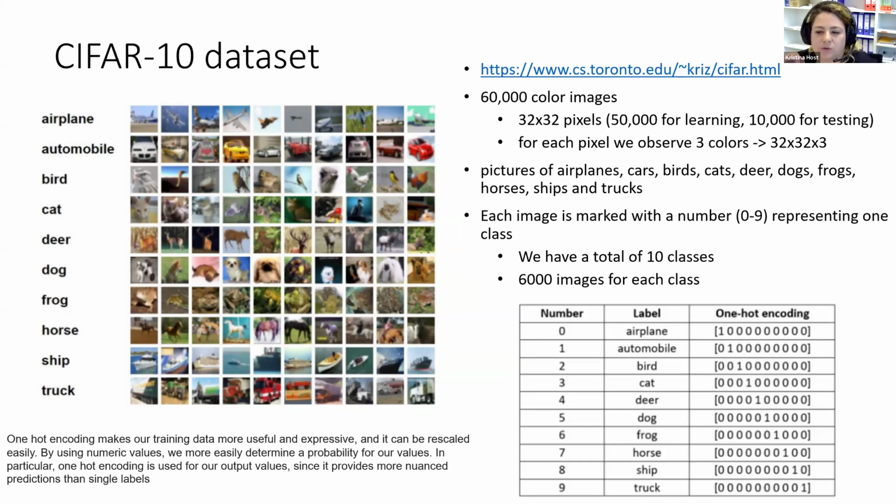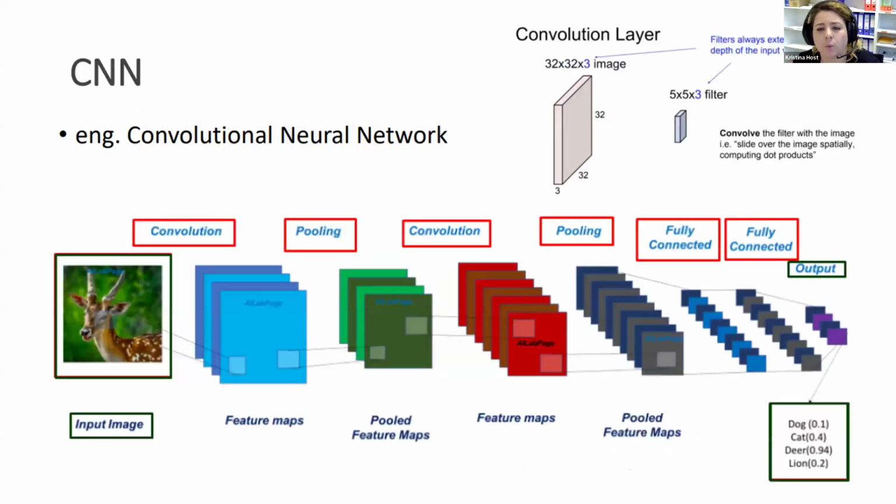Okay, so this is the data, and now about the method. So we will use a convolutional neural network. Convolutional neural networks are a type of neural networks that are designed specifically for tasks of computer vision.